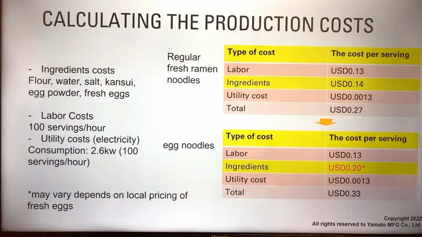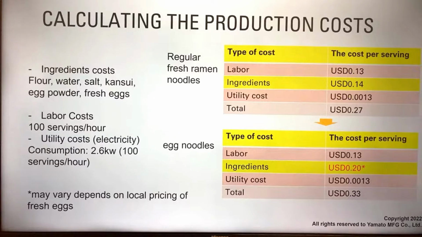Basically the calculation comes like this, and it really depends on how much you're paying for ingredients and how much you're paying for labor, which are most of the cost of making ramen noodles.